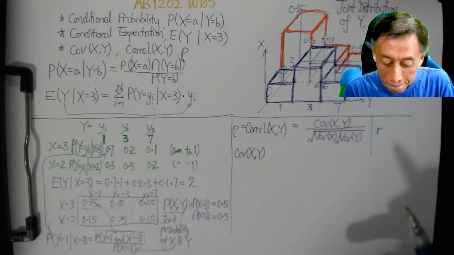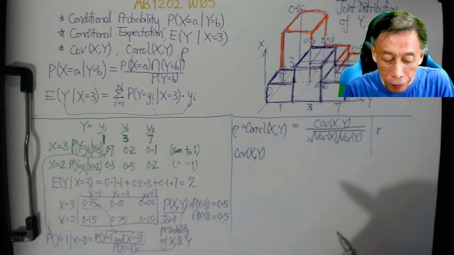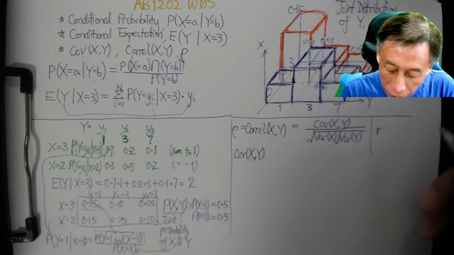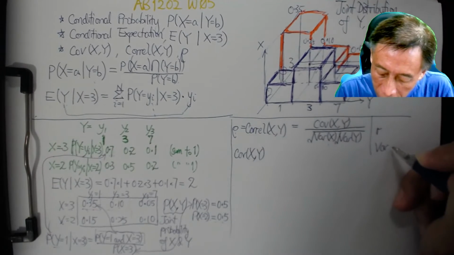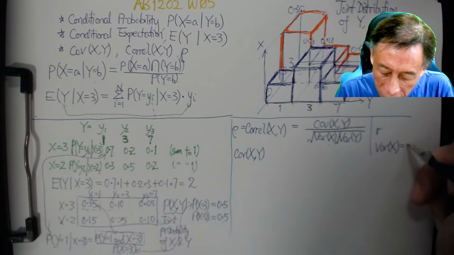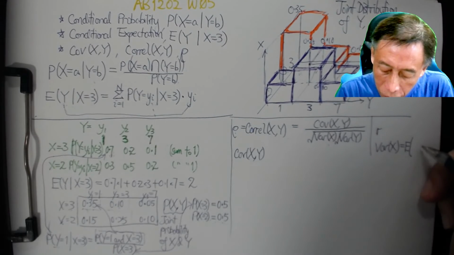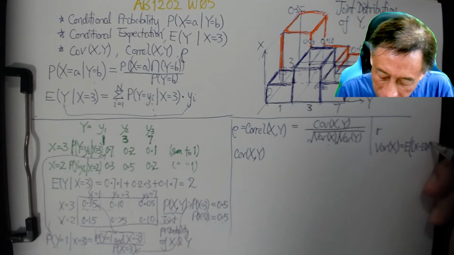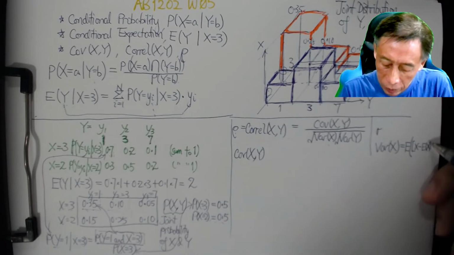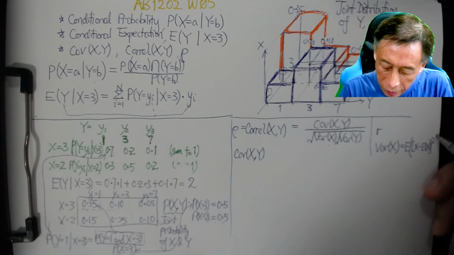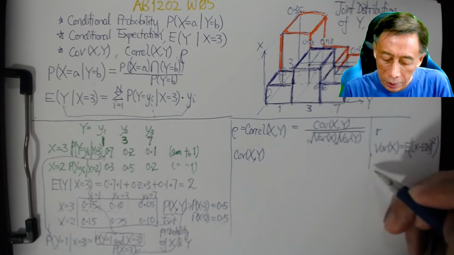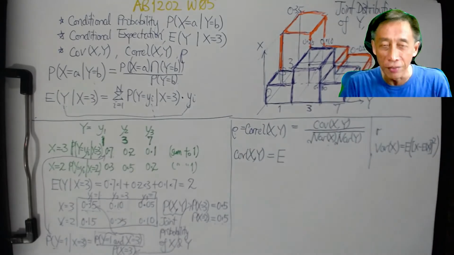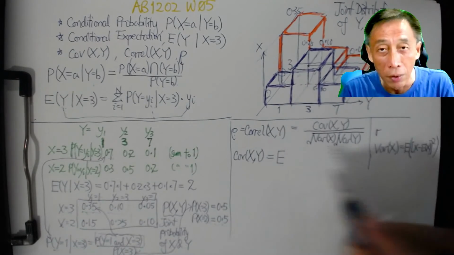Okay. But if we think back, if we revise, recall that the variance of x was the expected value of the square of the differences of the values from the mean value, like this. Then it is probably easier to think of covariance as a raw definition, also in terms of expected value.